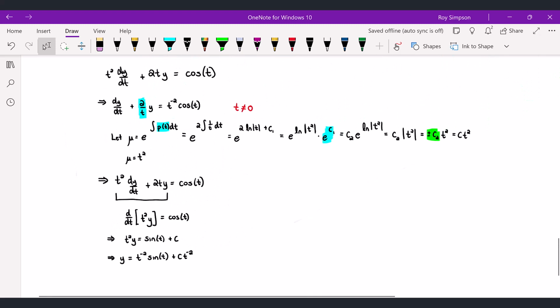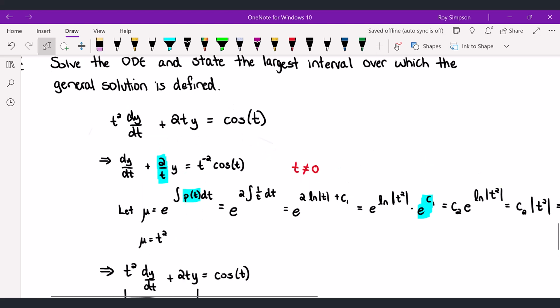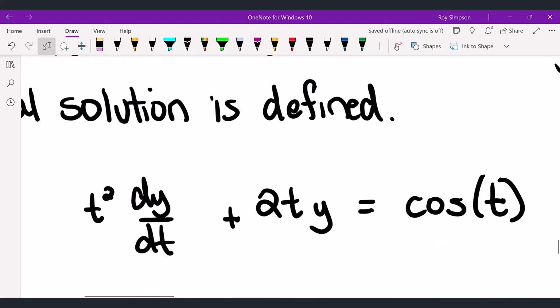Now, when I go back, I want to just mention something that you should always be on the lookout for when you're handed a linear differential equation, a first order linear differential equation, that you are intending to use an integrating factor on to force exactness like this. Well, before you even begin, you should probably check to see if that left-hand side is actually just already the result of a product rule.